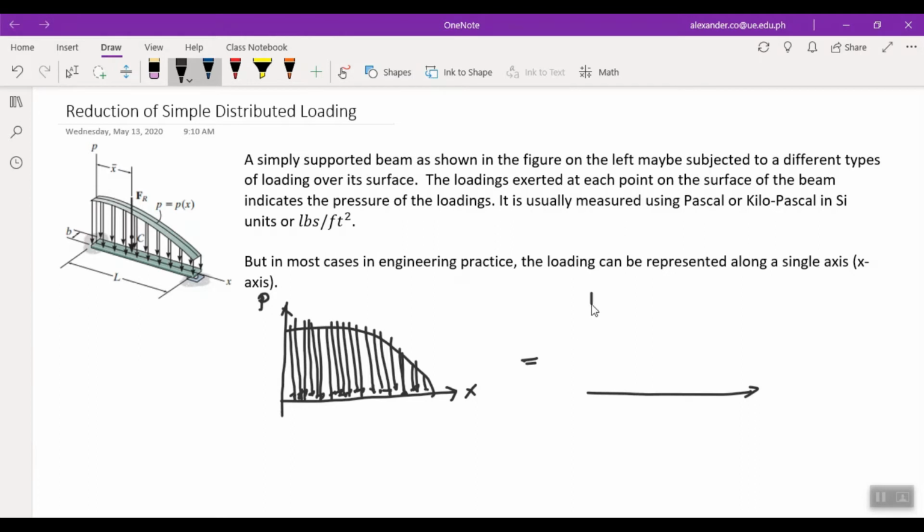It is equal to it, we find its centroid, so the resultant force is placed there. So we convert this distributed load into a simple resultant force.